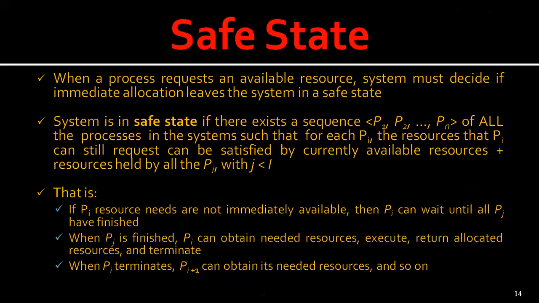We say that a particular state is safe if the system can allocate resources to each process in some order to avoid the deadlock. So a system is in a safe state only if there exists a safe sequence.